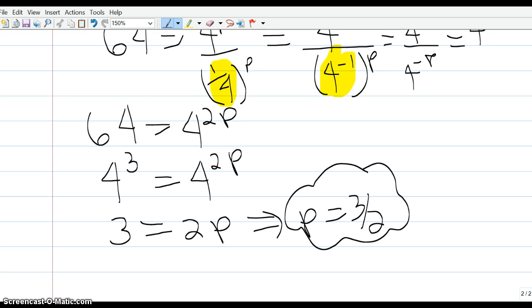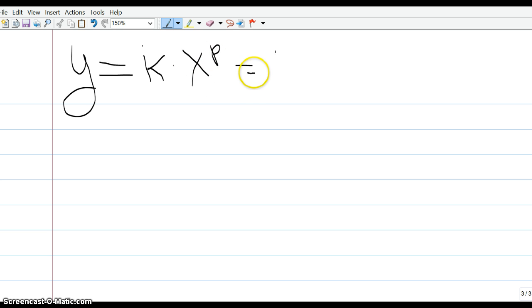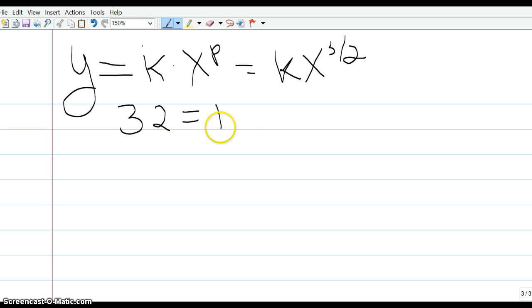Now I can plug that into either equation that I want. Remember, we have something in the form y equals k x to the p, and we just found that p is 3/2, so k x to the 3/2. Now I substitute either point to solve for k. I'm going to use the whole numbers. That seems like I would be less likely to make a careless error. So y is 32, x is 4, and I just want to solve for k.